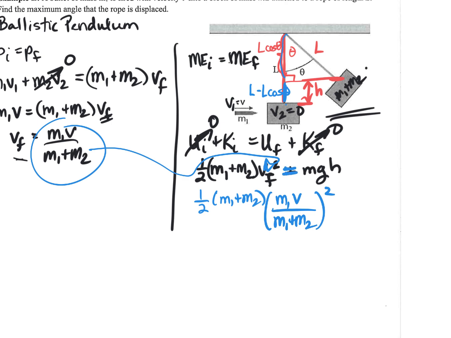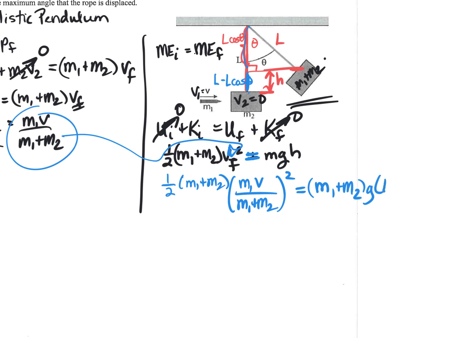This should equal m. What is m? It's that m1 plus m2 again, isn't it? Times gravity times H, which we just said was L minus L cosine theta.